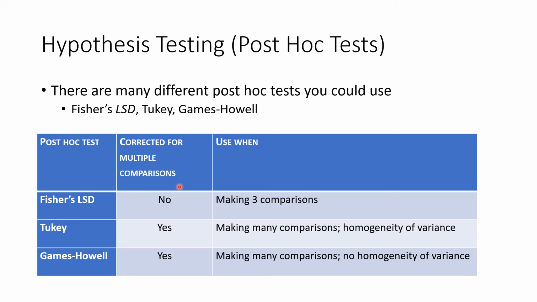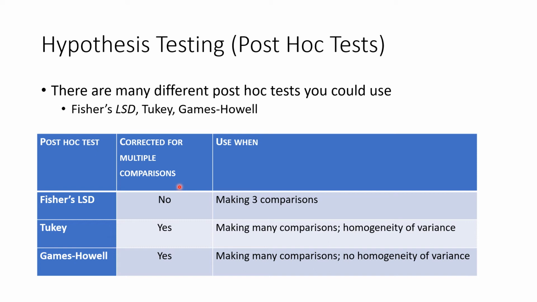The more comparisons you make, the higher the probability is that you will have an error in that you will find a small p-value just due to sampling error. Again, you can get a small p-value just due to sampling error, and the more tests you do, the more likely it is that at least one of them will get a small p-value just due to sampling error.